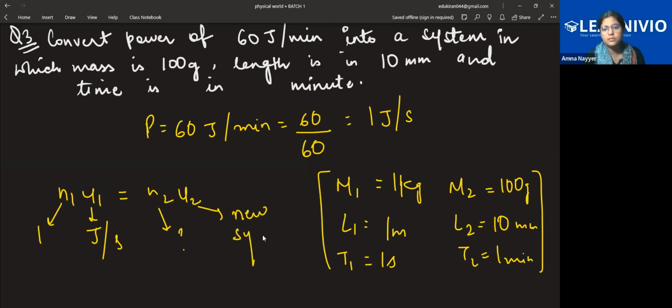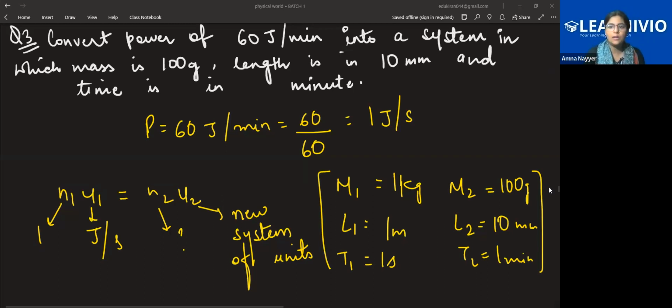Tell me class, this portion, have you understood the question? What is the question saying? Question is basically saying values of M1, L1, T1 are the same, which we have been following. But M2, L2, T2, these are the new values which we have. This is clear to all of you? Yes, ma'am. Okay. Yes, sir.